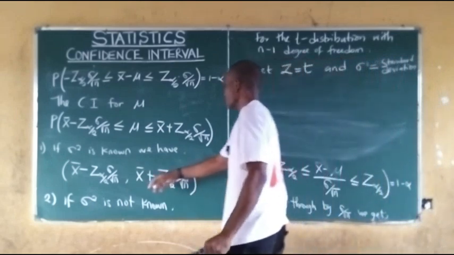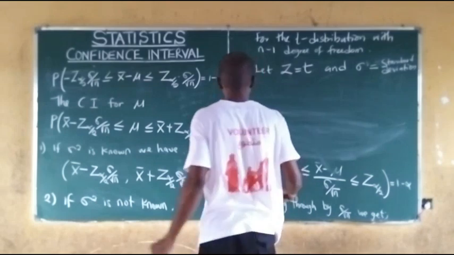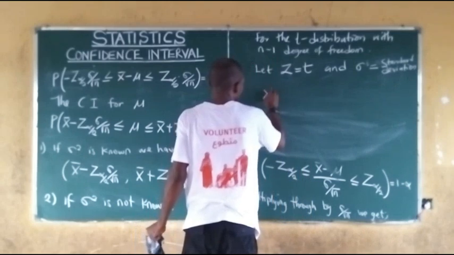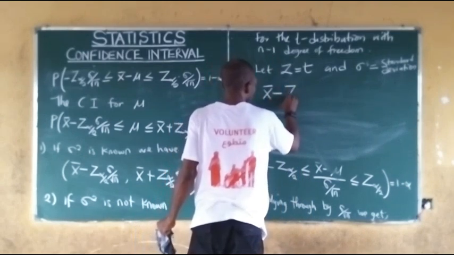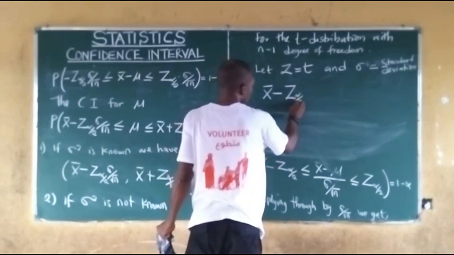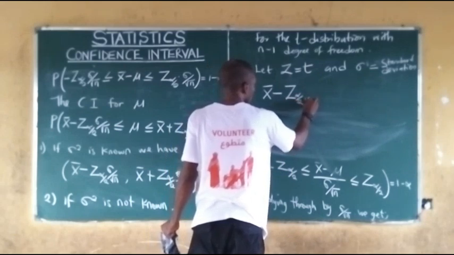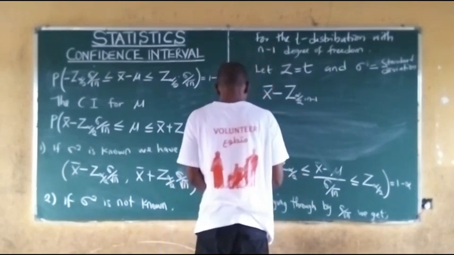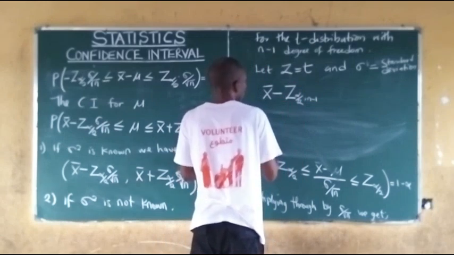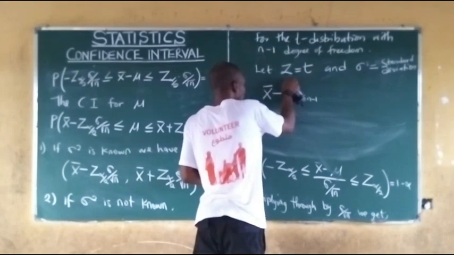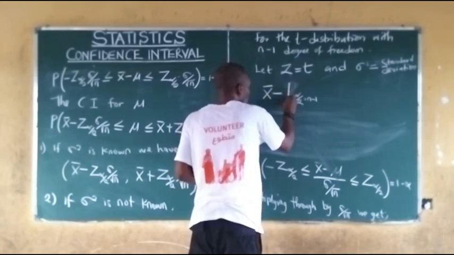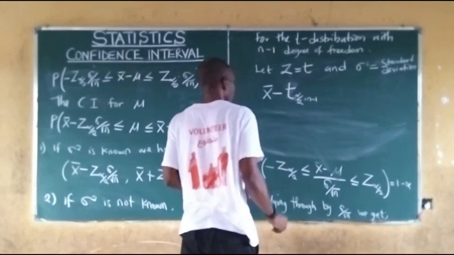So we can write it as x bar minus t alpha over 2 with n minus 1 degrees of freedom. This z, like we said, will now turn to t, since we are translating it to the t distribution.